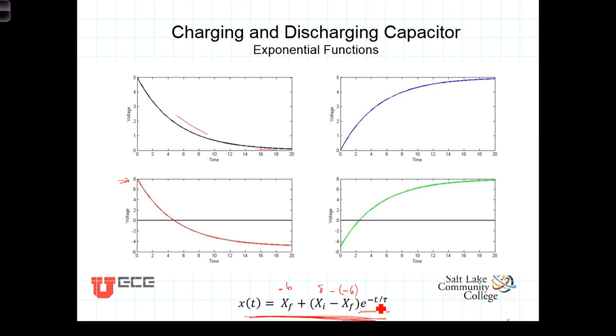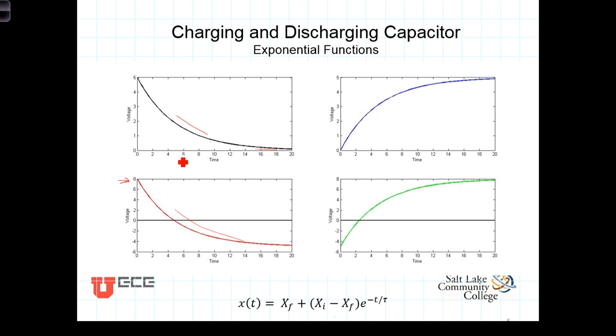E to the minus infinity is 0, and we're left with then the final voltage on the capacitor. So this formula describes this action here in this waveform. And I should have pointed out on the discharging capacitor that this function also describes that decaying waveform. So let's go back and look at that.